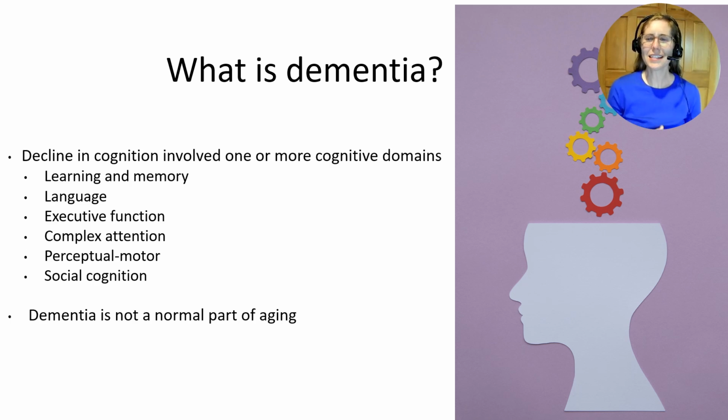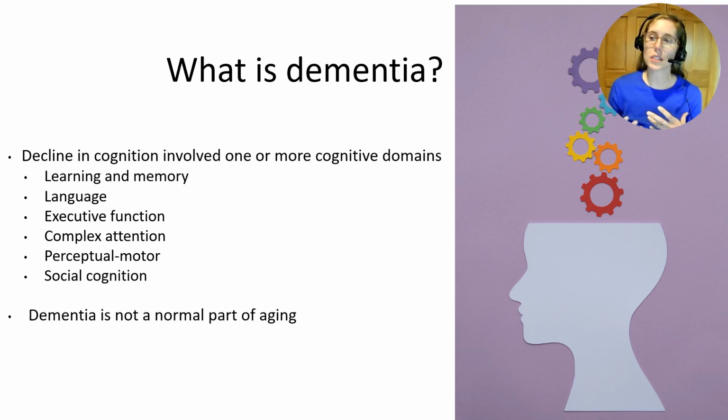Again, dementia is a decline in cognition that involves one or more cognitive domains. You can see here that memory is actually just one potential domain that someone may be having issues in. Although we typically think of memory as the aspect of someone's decline in dementia, actually cognition is much broader than just memory.